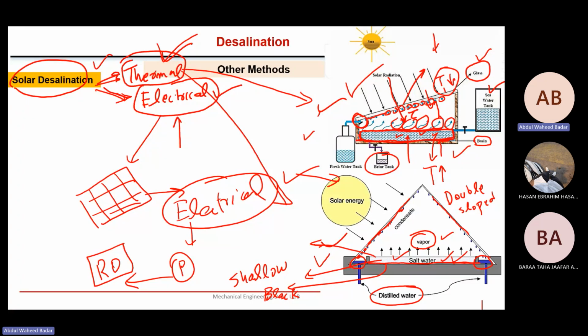We can use this solar energy to produce steam first, and then we can use that steam in an MED or MSF system, multi-effect desalination or multi-stage flash system, right? So that is also possible, MSF system or MED system.